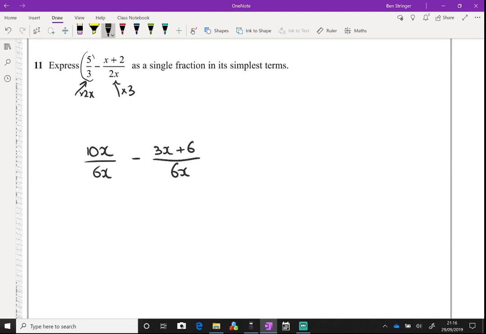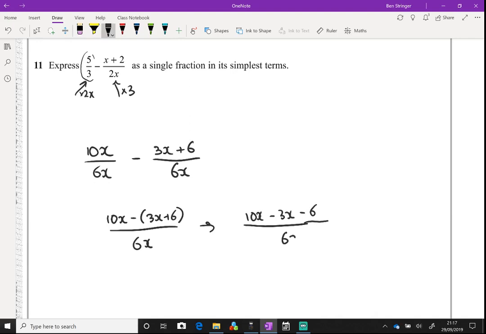Now it's just a case of, if I'm to say something like 7/6 subtract 5/6, you only subtract the numerator, remember? So 10x subtract 3x. I could write it a little bit more explicitly so someone doesn't make a mistake. 10x, take away that entire right hand side, expand that bracket out, technically minus 3x minus 6.